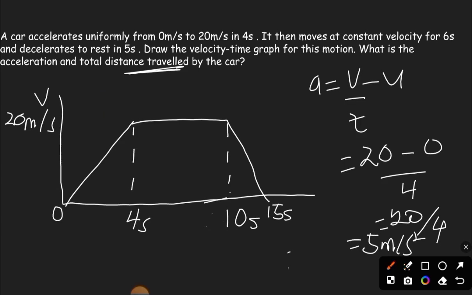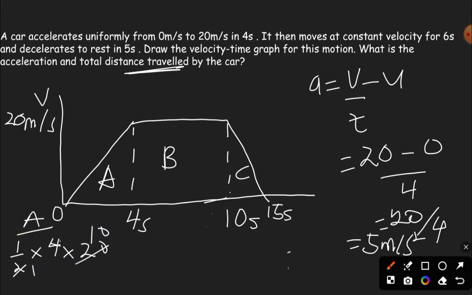Let's call this place A, this B, and this C. For A, half times base times height: half times our base, which is 4, times our height, which is 20. 2 here 1, 2 here 10. 10 times 4 is 40. So we have 40 meters for our A.